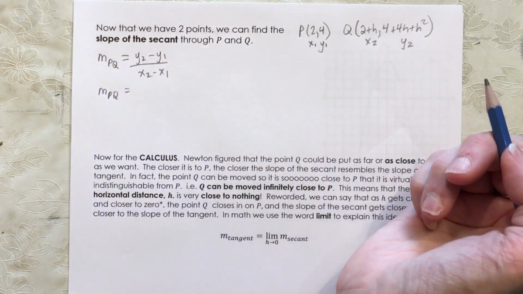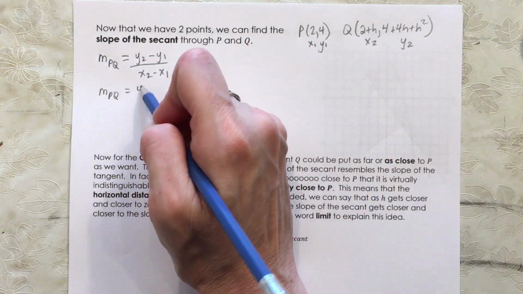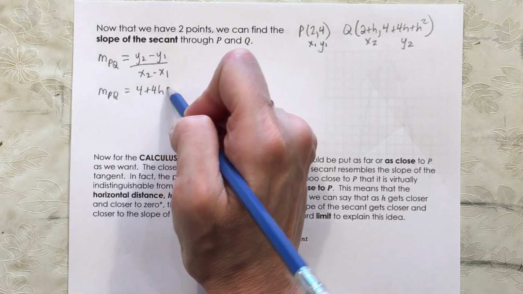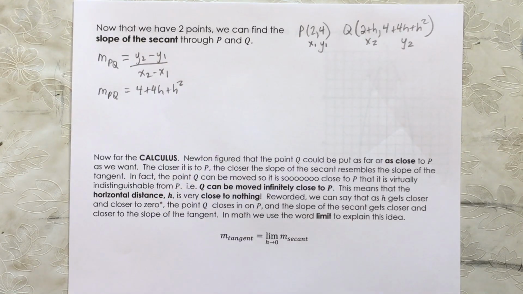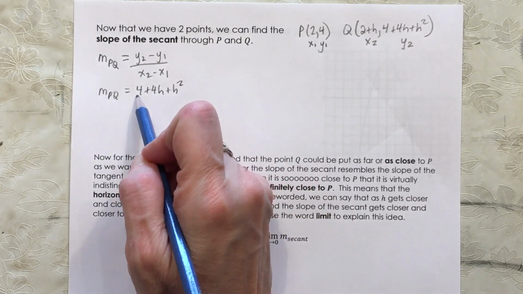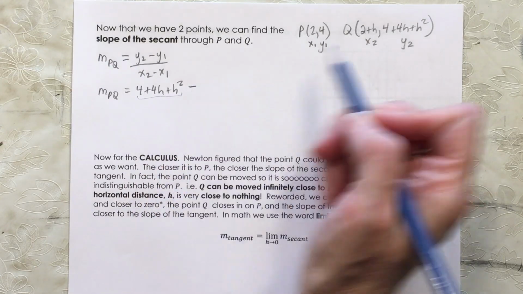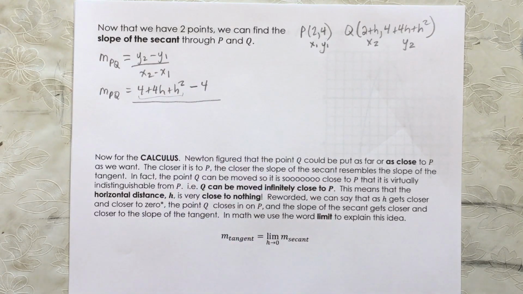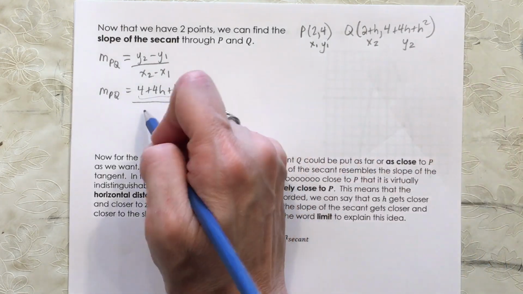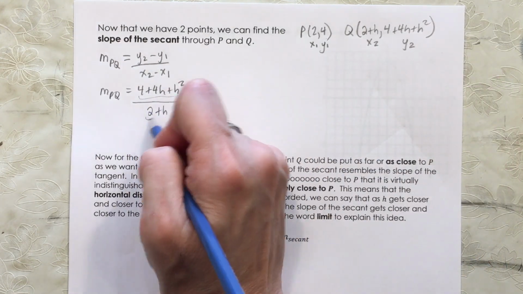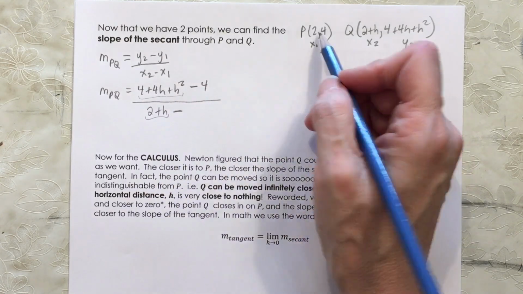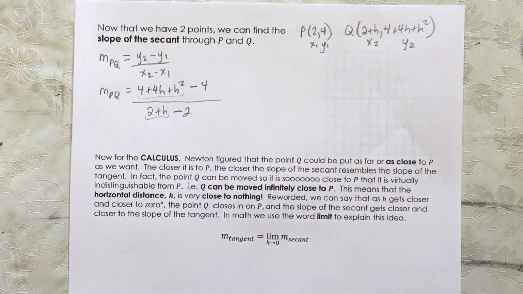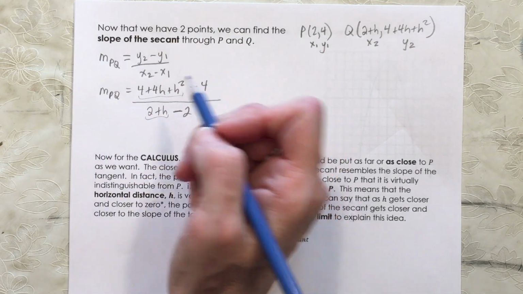M PQ is equal to 4 plus 4h plus h squared, so there's my y2, minus 4, over my x2, which is 2 plus h, minus 2.